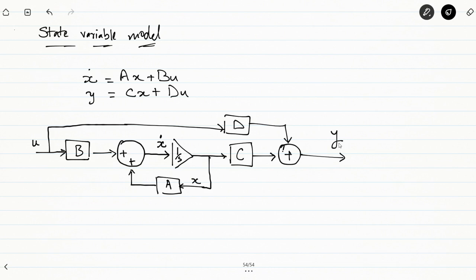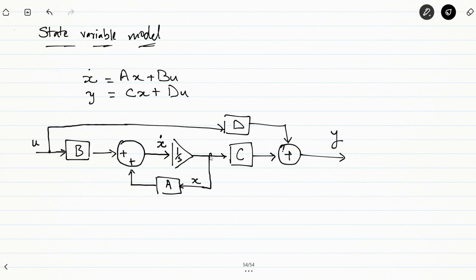You have previously already studied the signal flow graphs, and if we were to represent this block diagram using a signal flow graph, we know that each summation point and pickup point can be replaced by a node. So if you have this as one node, you have this summer as another node.